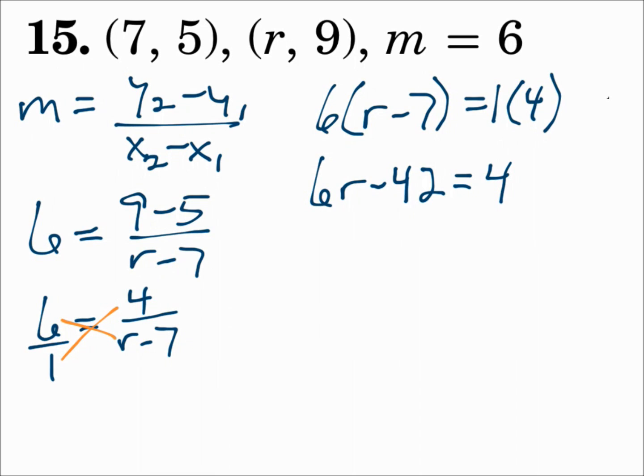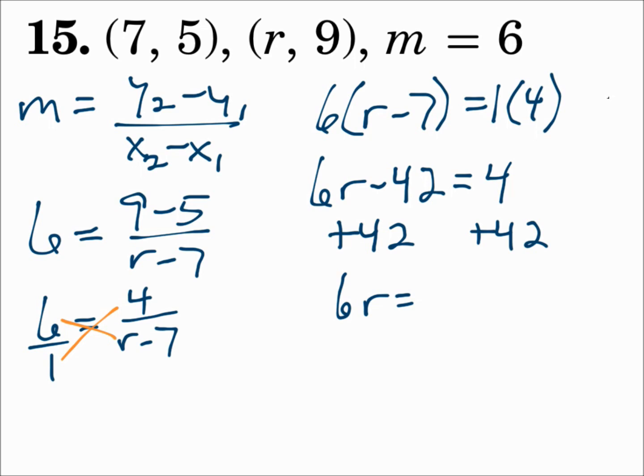Now I'm just left with a two-step equation. Remember, add or subtract first. So let's get rid of the 42. It's being subtracted, so do the opposite and add it to both sides. Negative 42 plus 42 cancels on the left, leaving 6r.